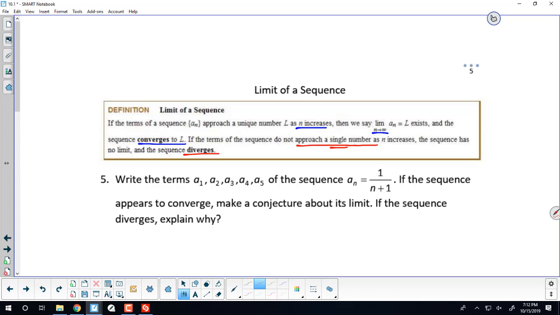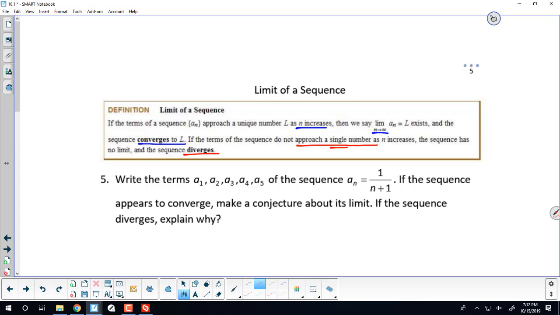So notice what we're saying here is really straightforward. In order to determine if a list of numbers converges, all we need to do is compute the limit as n approaches infinity on that sequence and how it's defined. So for instance, we've got the sequence 1 over n plus 1.